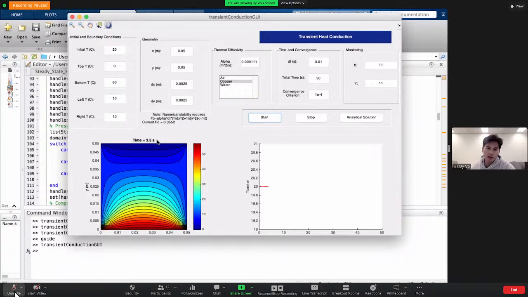It means that after 3.5 seconds, our domain, our system becomes steady, it's now in steady state, and the temperature will no longer change with time.